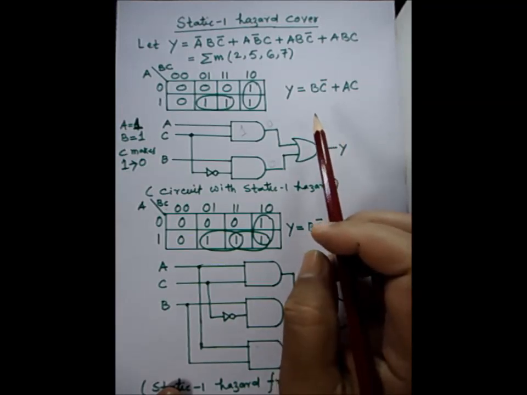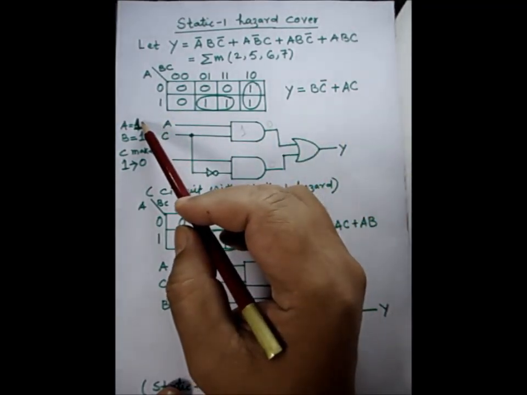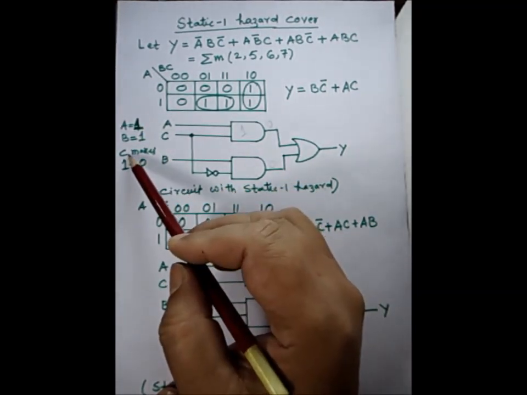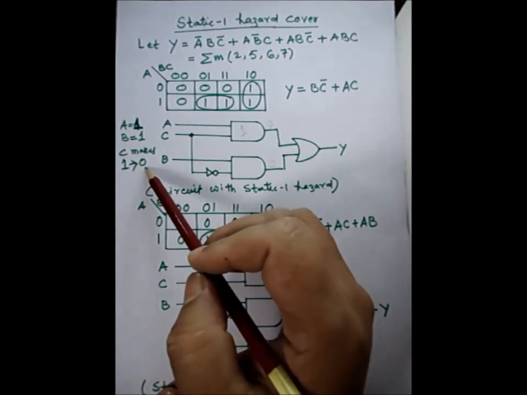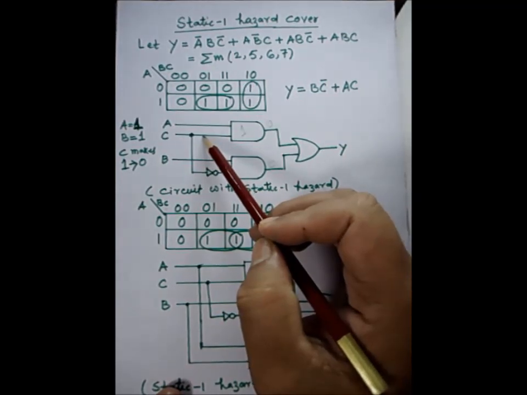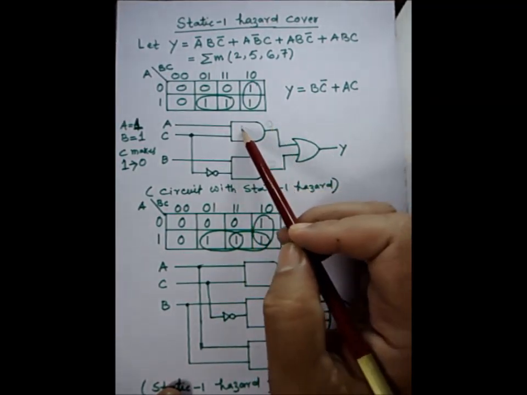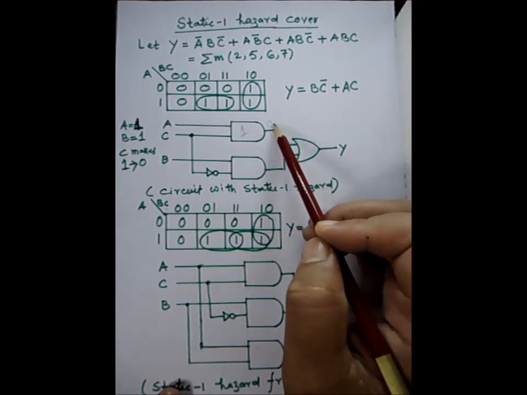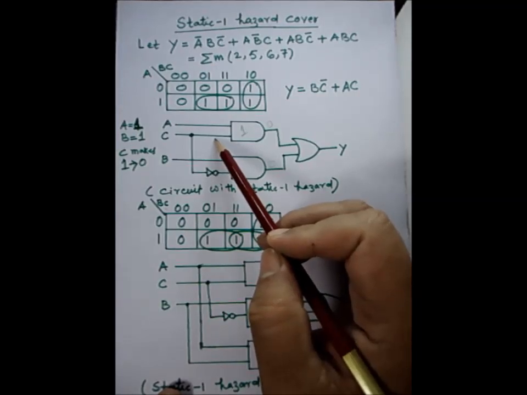Now let us take a scenario where A remains 1, B remains 1, but C transitions from 1 to 0. In that case, A is 1, C becomes 0. As a result, the output of gate number 1 becomes 0 immediately because C has become 0.